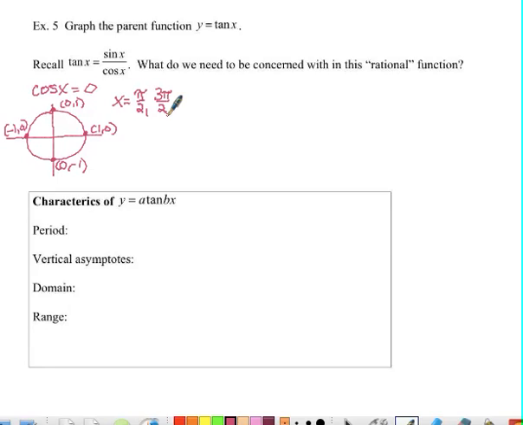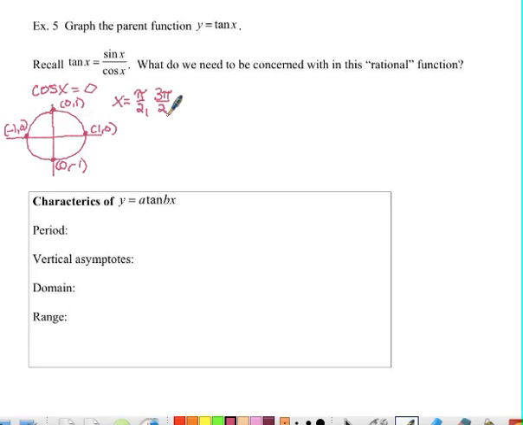Does anybody remember from chapter 8 covering rational functions, what happened when the denominator was equal to 0? What happened on the graph? Emily, you remember? Scott, do you remember? Jonathan?